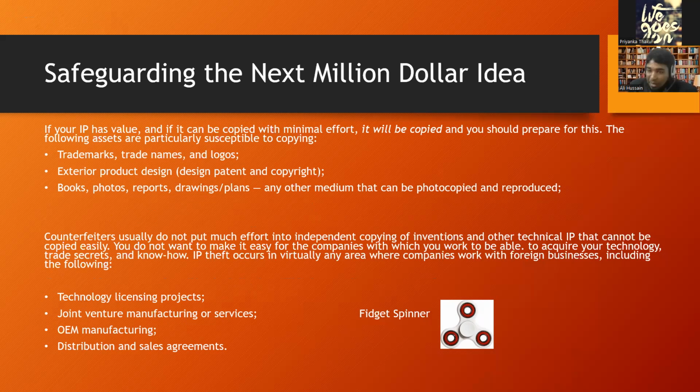Now, if you are the one who has a great idea and you have invented and done something very good, and you have developed a product, or if you have invented something new, the most important thing you should do is protect that invention. How you protect that invention is, you apply for a patent.